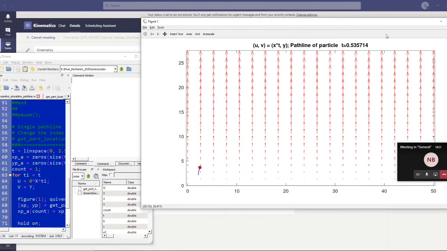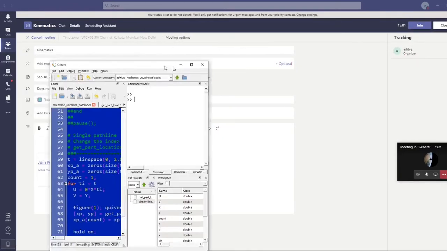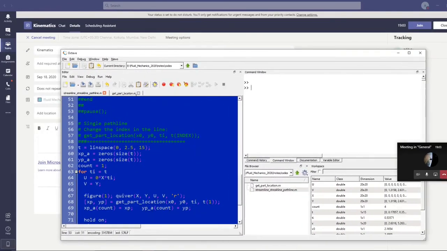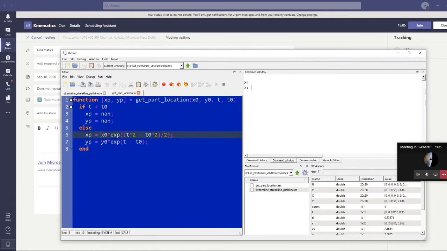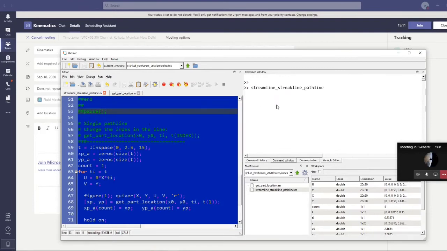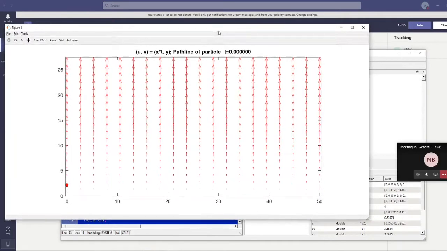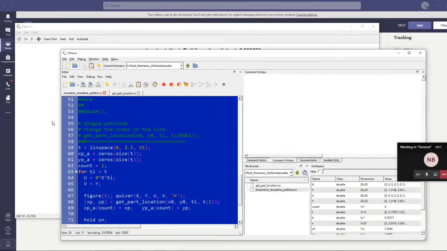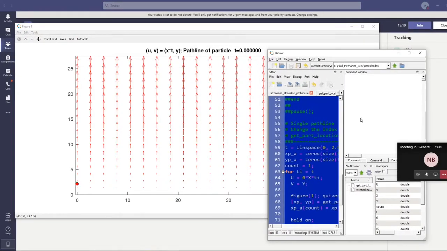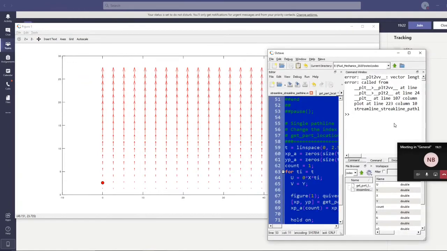Oh, it's still taking the y. Okay, I have to change the function also. Forgotten to change the function over here. I need to make a lot of modifications, but you get the point.